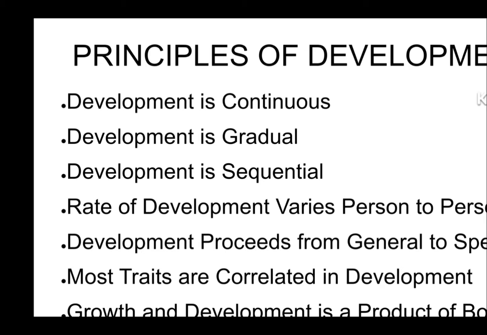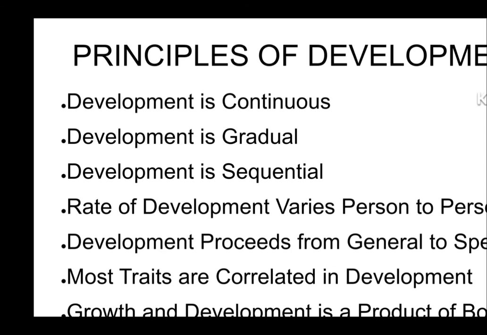Development is continuous, development is gradual, development is sequential, rate of development varies from person to person, development proceeds from general to specific, most traits are correlated in development, growth and development is a product of both heredity and environment, development is predictable, and there is a constant interaction between all factors of development. These are all the principles of development.